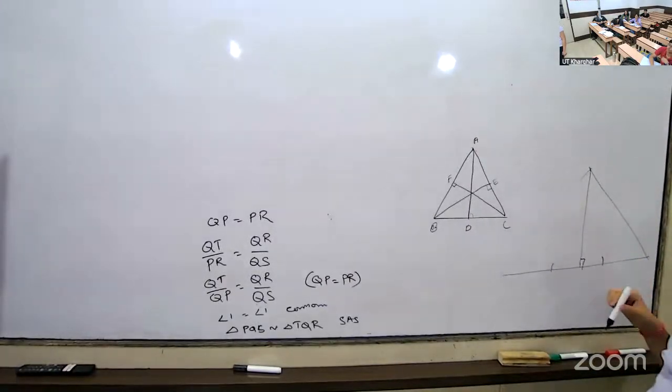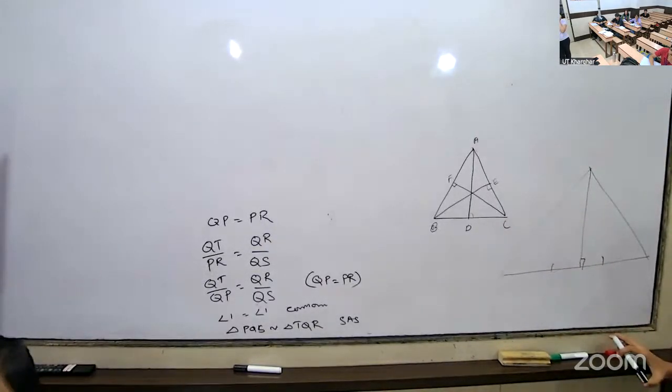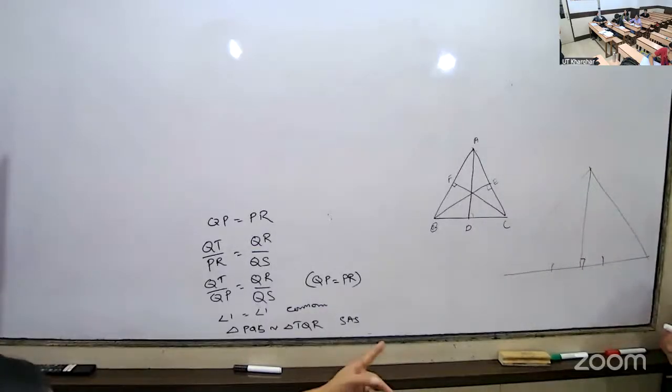So altitude and median are same according to you? Gandhi wants to talk. What she said is wrong? No. So did you listen to her? No. So then listen first. Is altitude and median same, Gandhi? No. So what is it? Perpendicular.